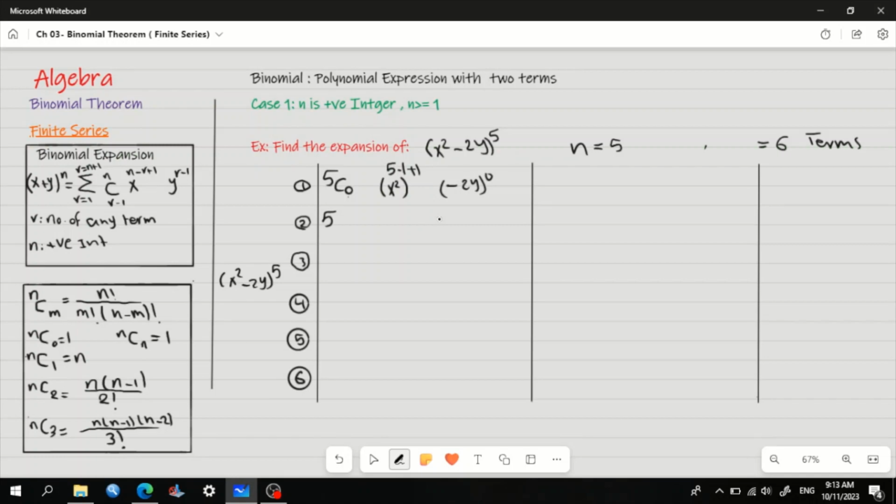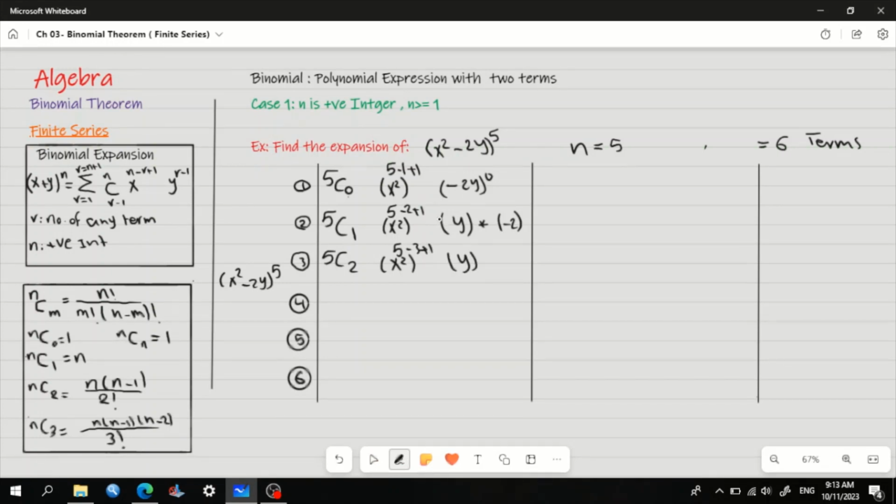Okay, 5 combination 1, here x squared power 5 minus 2 plus 1, and here we have y and negative 2. 5 combination 2, x squared power 5 minus 3 plus 1.